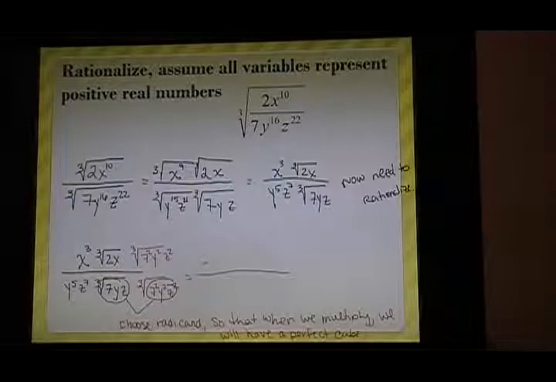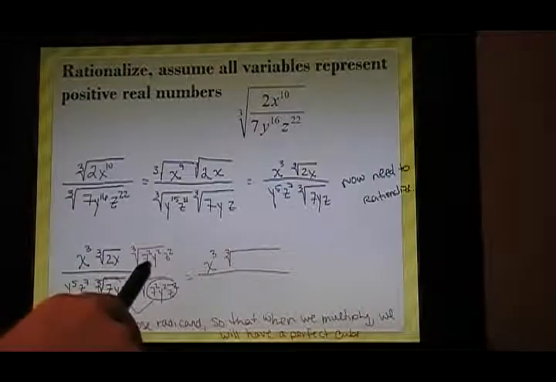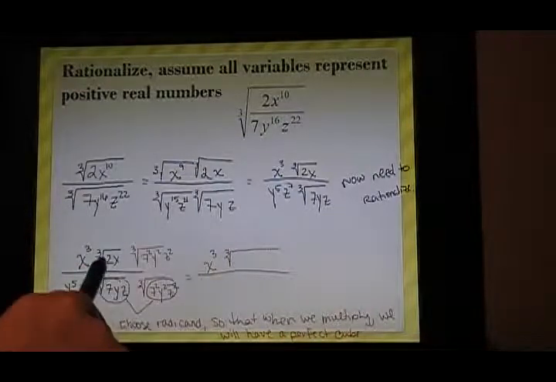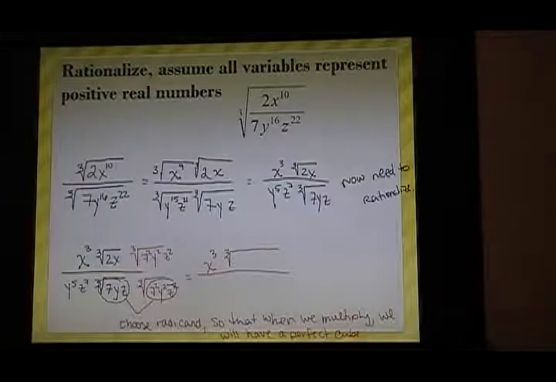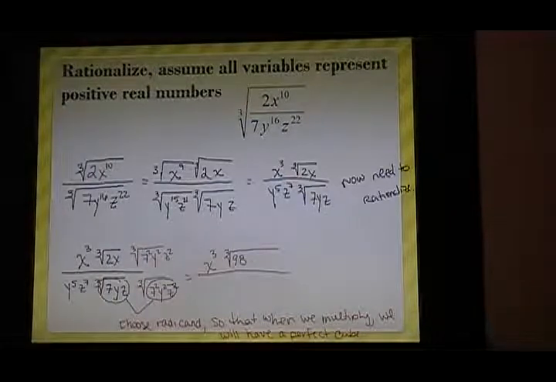So in the numerator, we have x to the third times the cubed root of, if I multiply 2 by 7 squared, which is 49, so 2 times 49, that's 98. And then I have my x, y squared, z squared.